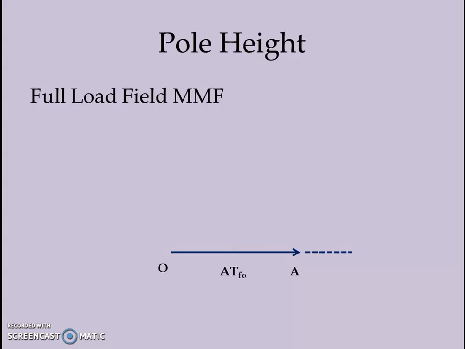Now we draw one phasor from A at an angle with the x-axis, and that phasor is AB. The angle is 90 minus phi, where phi is the power factor angle. The length of the phasor AB is exactly equal to the ampere turns for the armature.